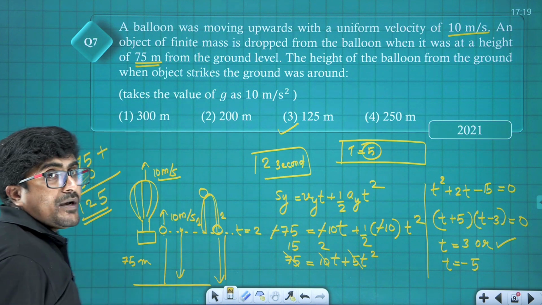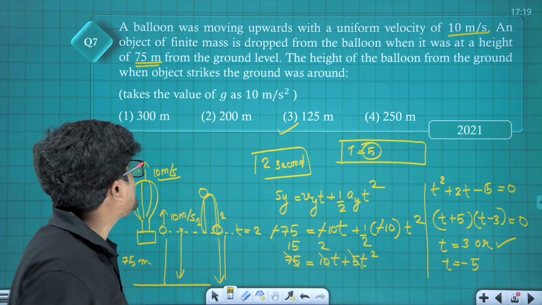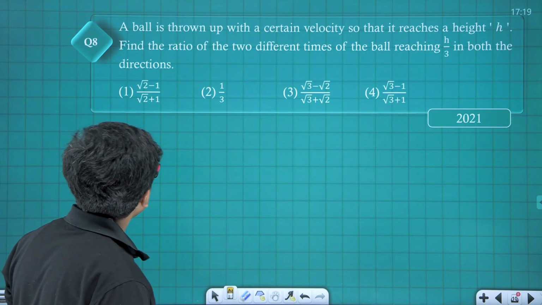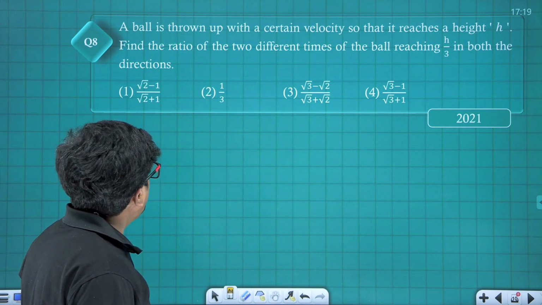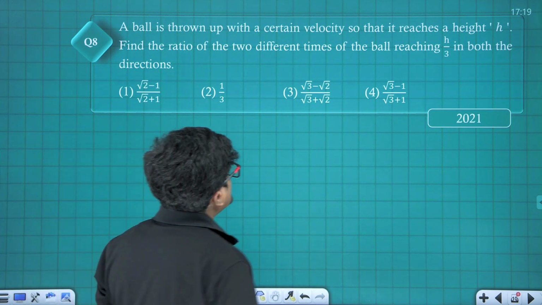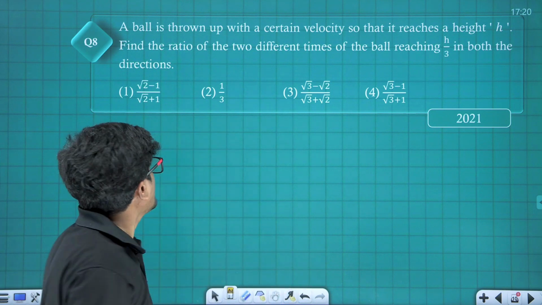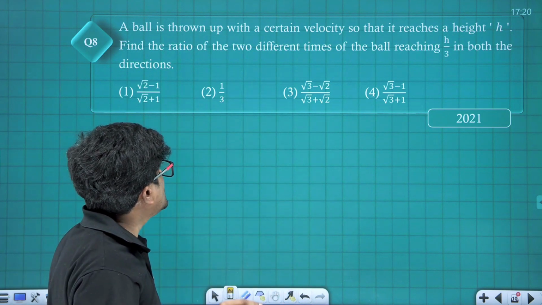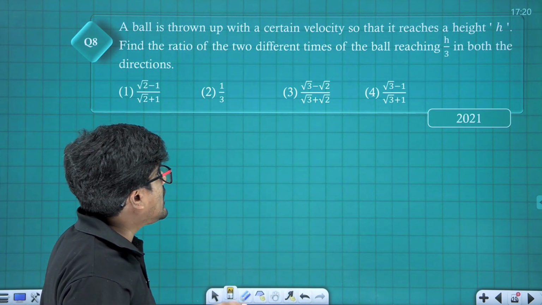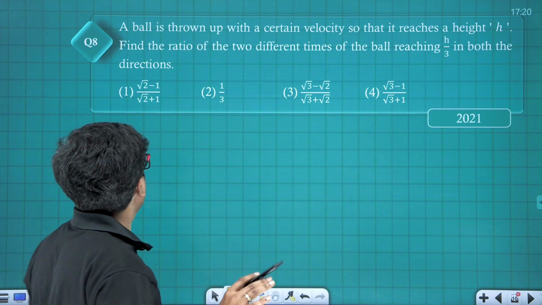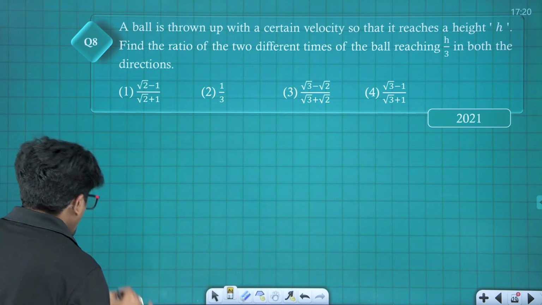Now let's move to the next, that is question number 8. The question says, a ball is thrown up with a certain velocity so that it reaches a height of h. Find the ratio of the two different times of the ball reaching a height of h by 3 in both the directions.